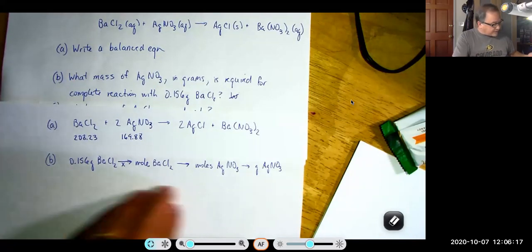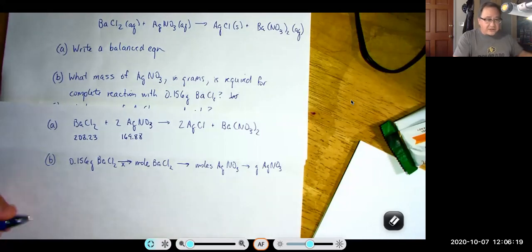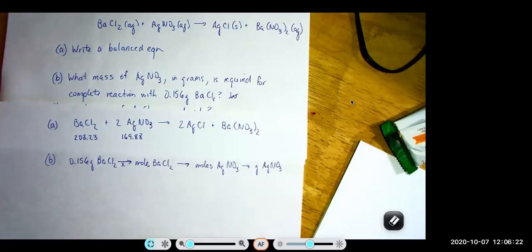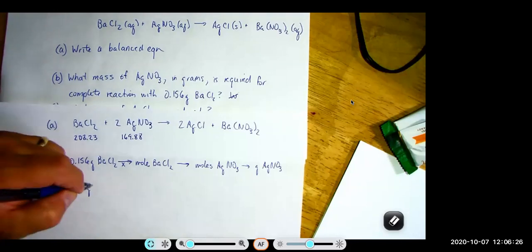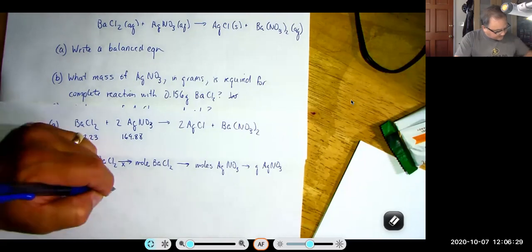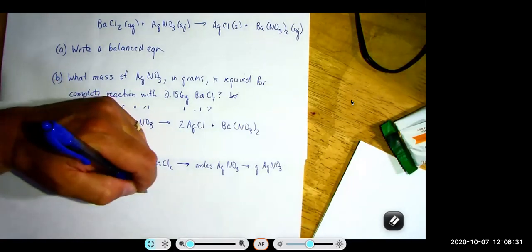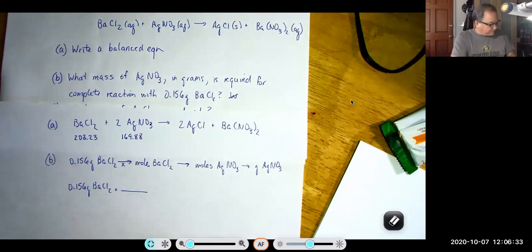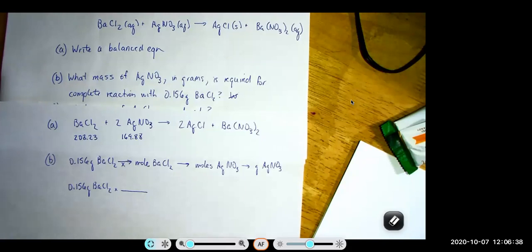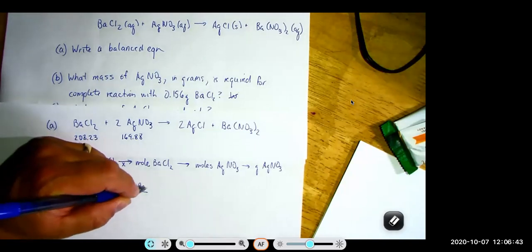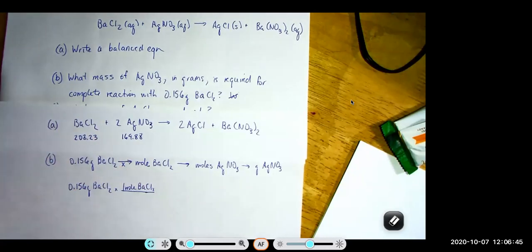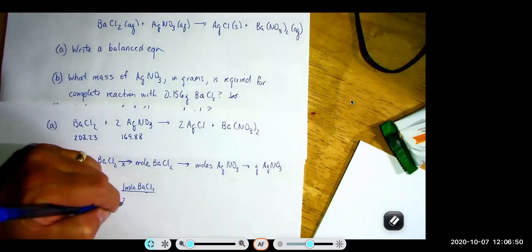So how would you write down the actual calculation? Well, you would start with 0.156 grams of barium chloride. Excellent. And you're writing this down as we go, right? Yep. Good. And then you would multiply it by 1 mole of barium chloride on top, and the molar mass of 208.23 grams on the bottom.